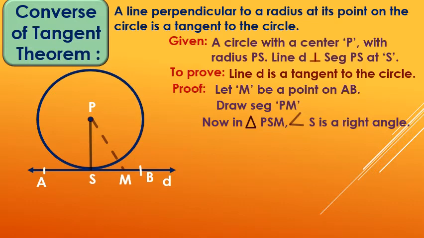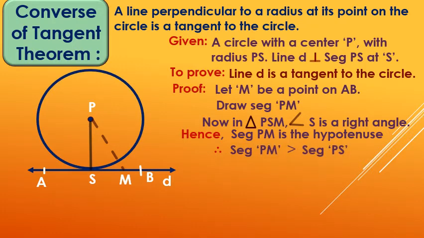You can see there. Okay, it is a right angle. Hence, segment PM is the hypotenuse. It is a right angle means the largest side is called as hypotenuse. Therefore, segment PM is greater than PS. You can see a segment PM is greater than PS.